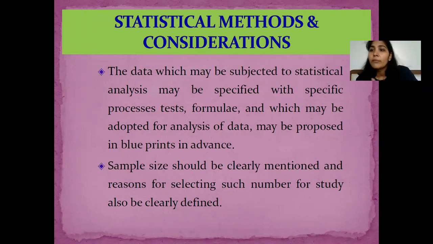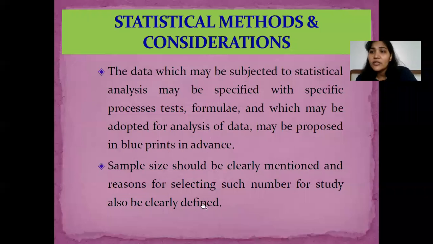As I told you, biostatisticians are the main stakeholders in the protocol design. Along with the investigator and sponsor, the biostatistician also has a major role in this particular area. Then sample size should be clearly mentioned, and the reason for selecting such a number for the study should also be clearly defined.